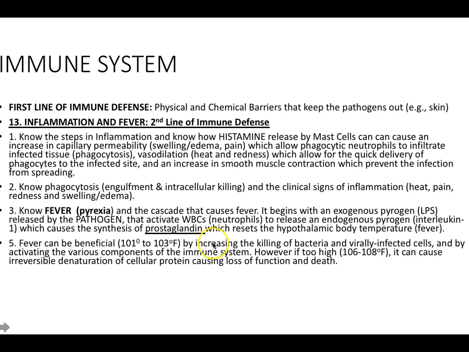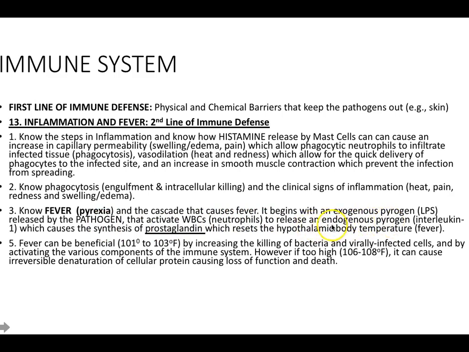Fever is a cascade, and the actual pathogen is going to start it. So the pathogen getting in the body is going to be the wake-up call. That's called an exogenous pyrogen because it came from the outside. Then white blood cells, usually neutrophils, will make their own pyrogen.